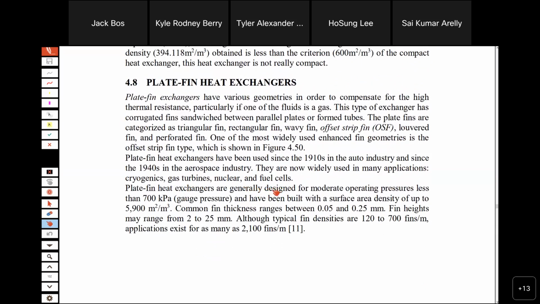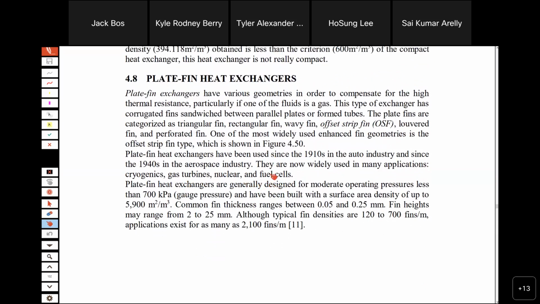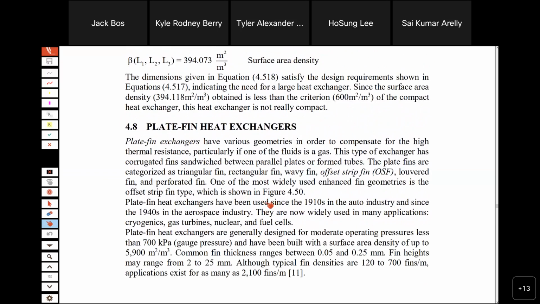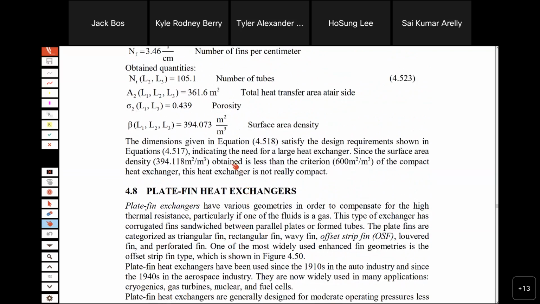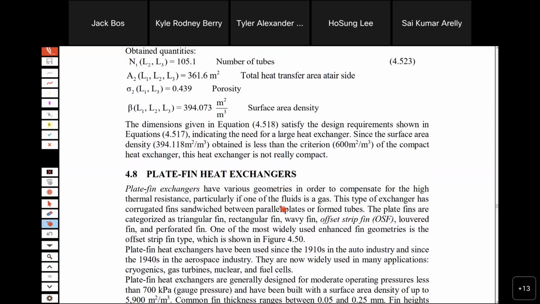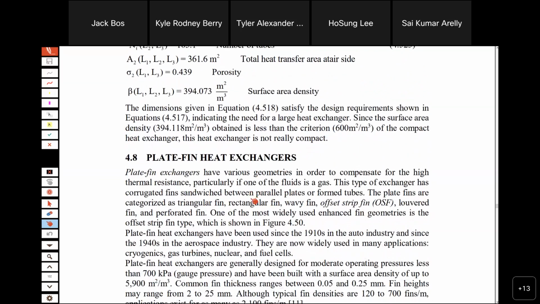Today I'm going to continue the discussion of heat exchangers. Last time I think we discussed the circular finned-tube heat exchanger, and today I'd like to move on to the most effective heat exchanger, which is called the plate fin heat exchanger.